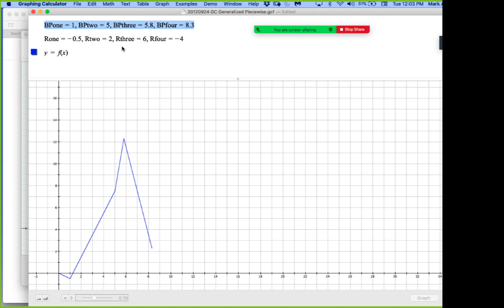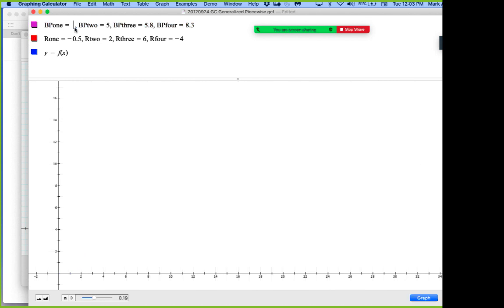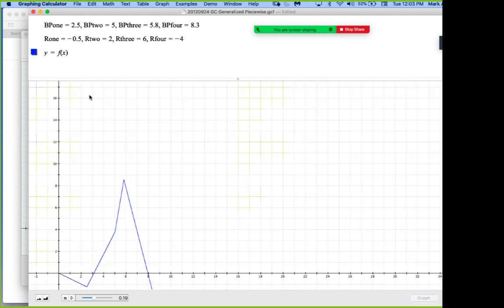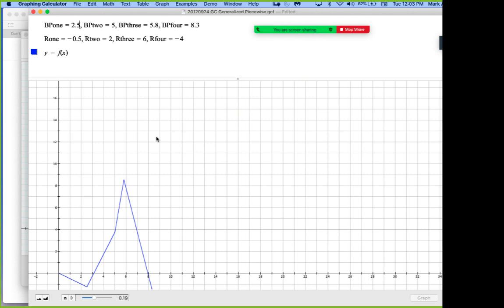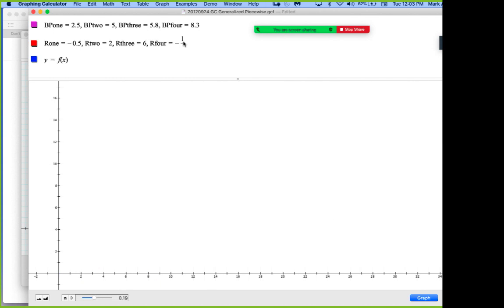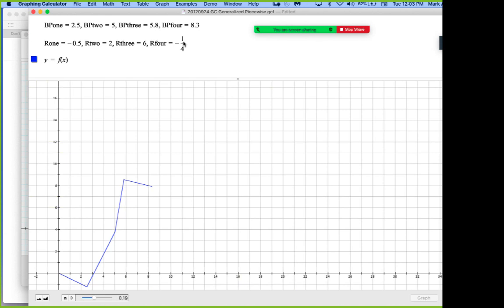Okay, so if I come in here, and right now if I change, let's say I change breakpoint 1 to 2.5, and then let's make rate 4 not so steep, so maybe -1/4 instead of -4. So every time I update the file, or every time I update the rates or the breakpoints, it will graph accordingly.